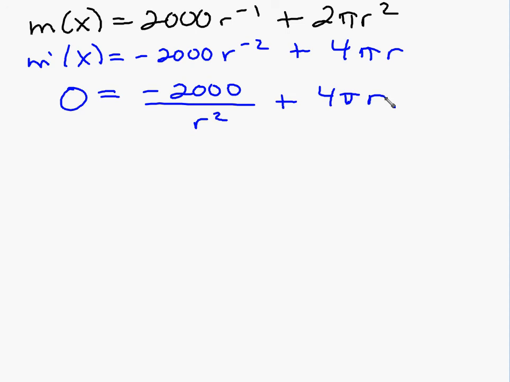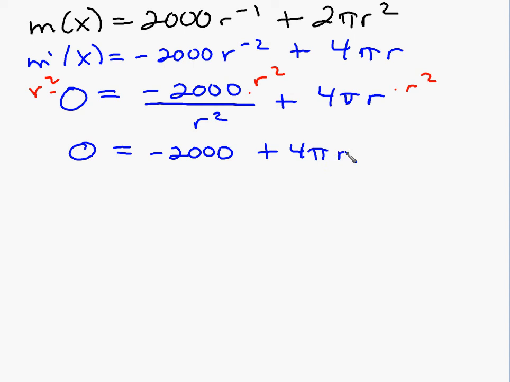So if I multiply everything by r squared, r squared times this, r squared times this, I still have 0 on the left, equals negative 2,000 plus 4 pi r cubed.